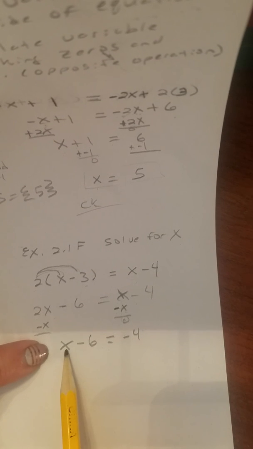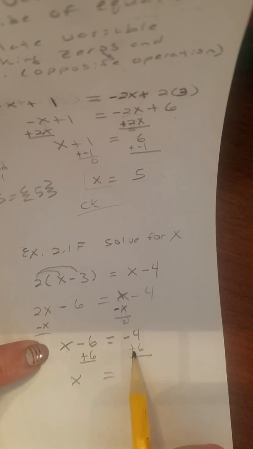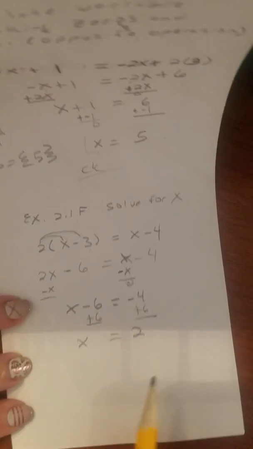I now have only one x on the side. So now I'm going to isolate. They are subtracting 6, so I'm going to add 6 to both sides. And I end up with x equals negative 4 plus 6, which is a positive 2.